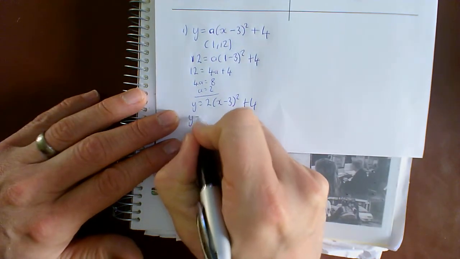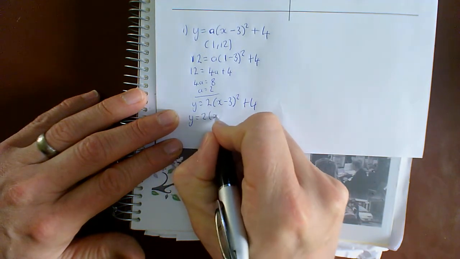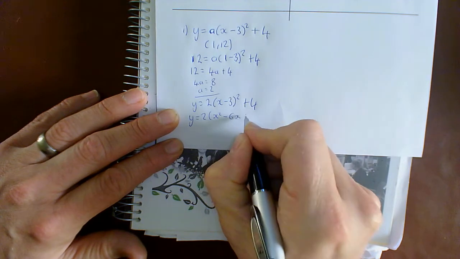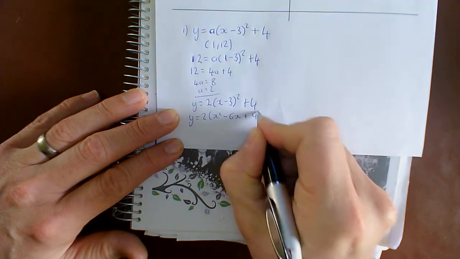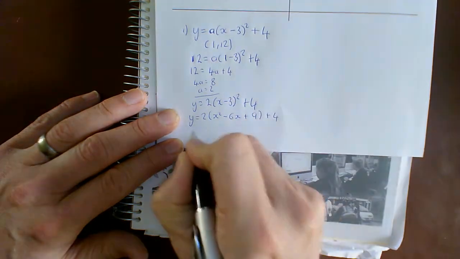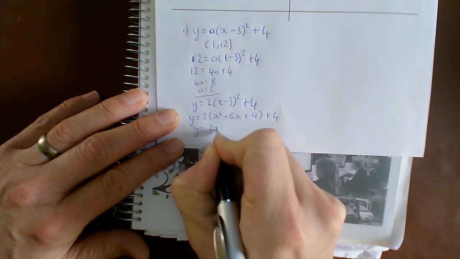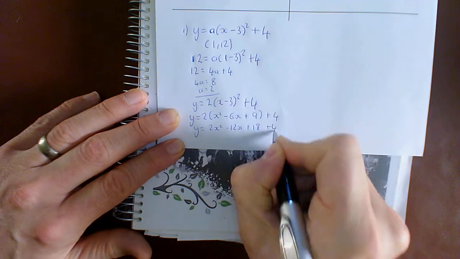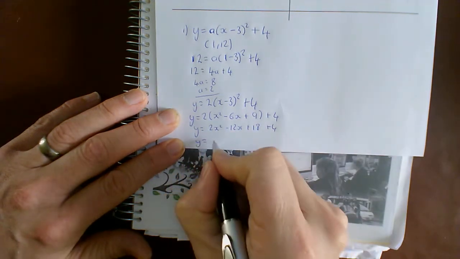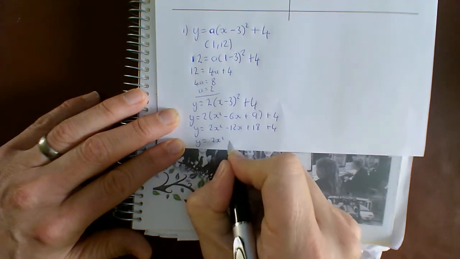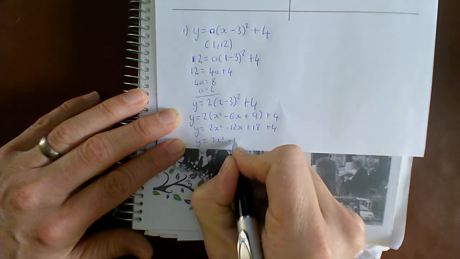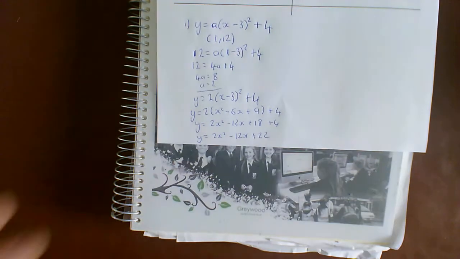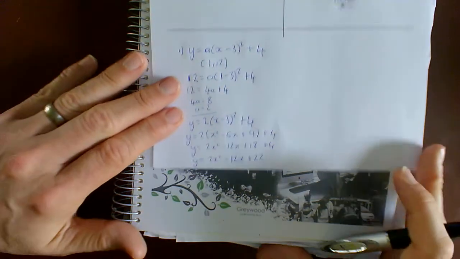We're going to expand this. 2 lots of x squared minus 6x plus 9, plus 4. Hopefully you're confident with expanding brackets. Multiply by 2, and y equals 2x squared minus 12x plus 22, which is the answer we need.